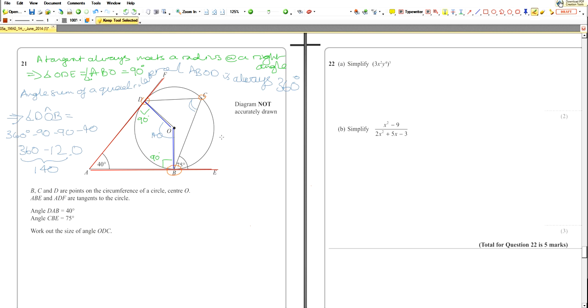So we can say here angle DCB is equal to 70 degrees. Why is angle DCB equal to 70 degrees? We are now going to give the mathematical reason for that.